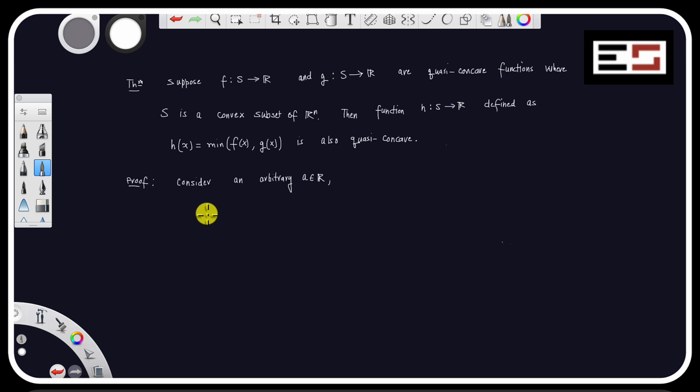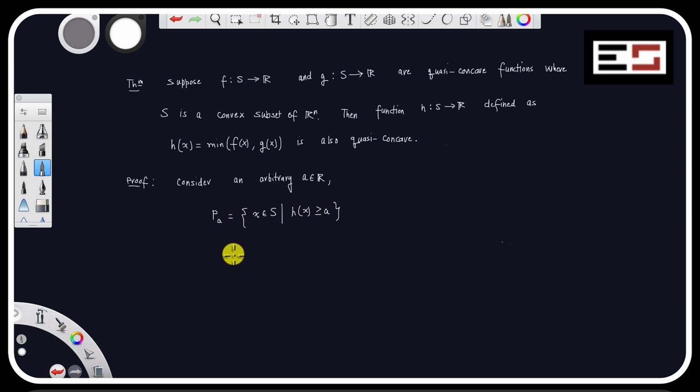And if we consider the upper level set P_a, it is defined as the set of x in S such that the value of h(x) is greater than or equal to a. So I want to show that this is a convex set.